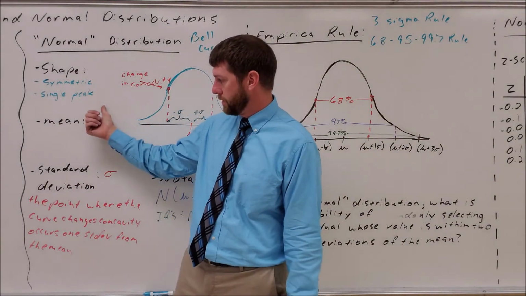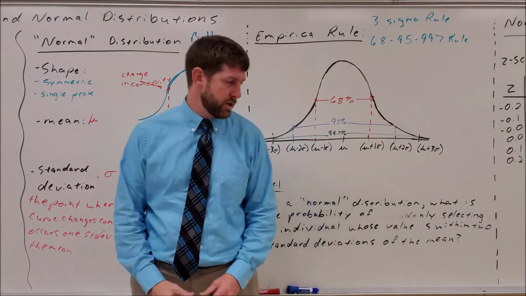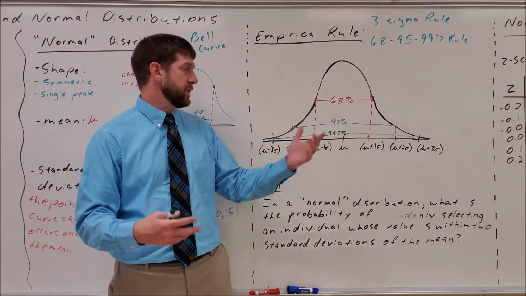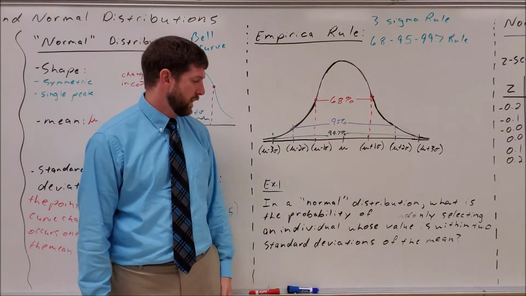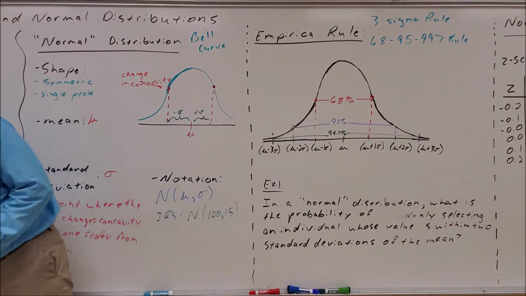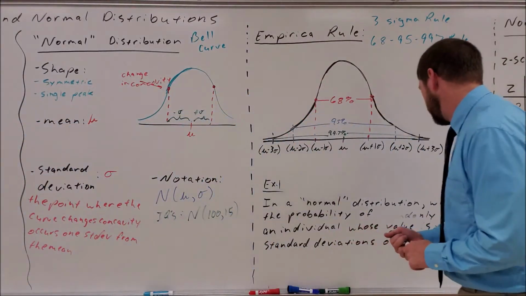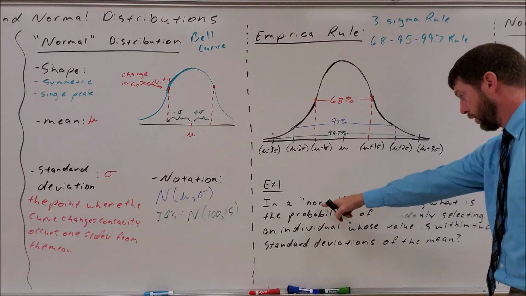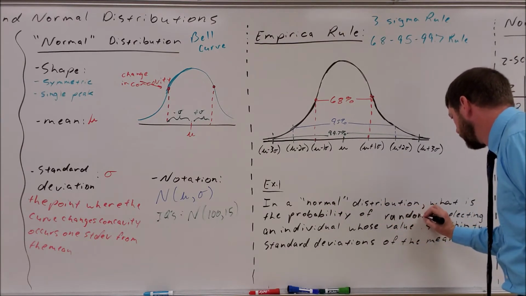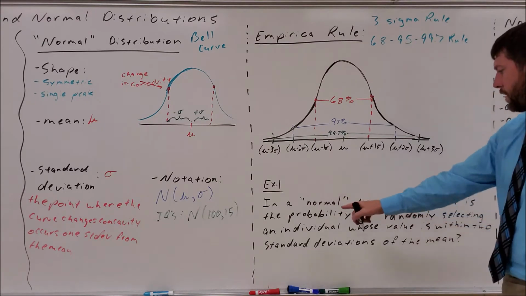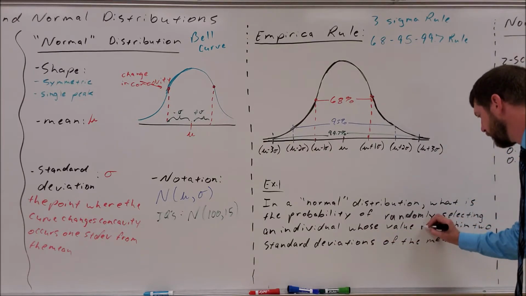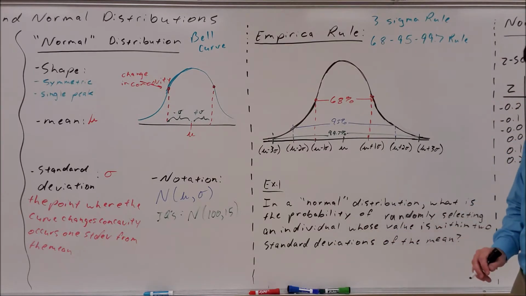They fit this shape. They have this rule for standard deviation, and then the standard deviations divide into these very constant, very consistent proportions. So let's look at an example right here. In a normal distribution, what is the probability of randomly selecting an individual whose value is within 2 standard deviations of the mean?